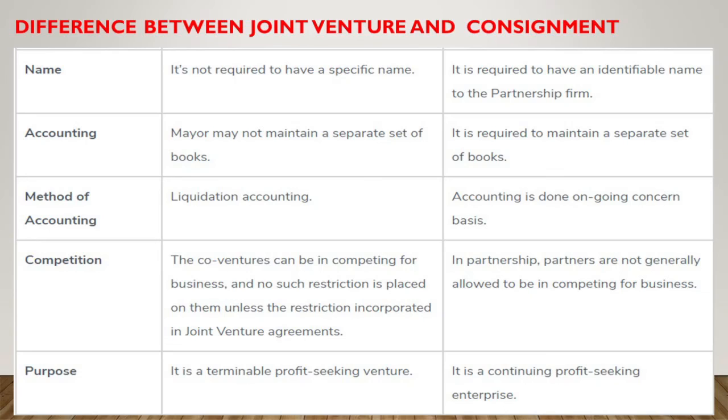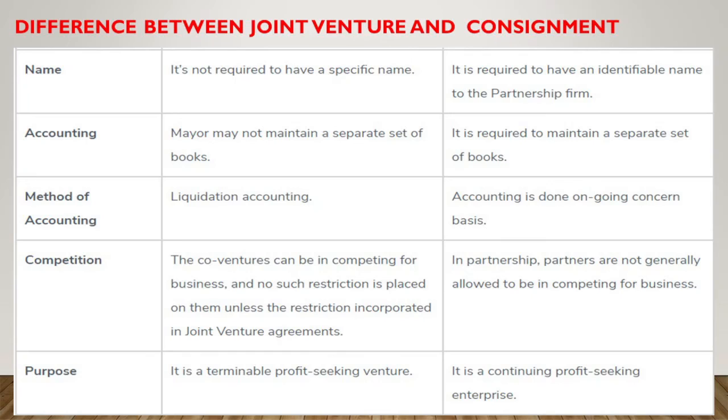In partnership, partners are generally not allowed to be in competing business. Suppose you and I are running a bank as partners, then I cannot start another banking business of my own. The law restricts like that.